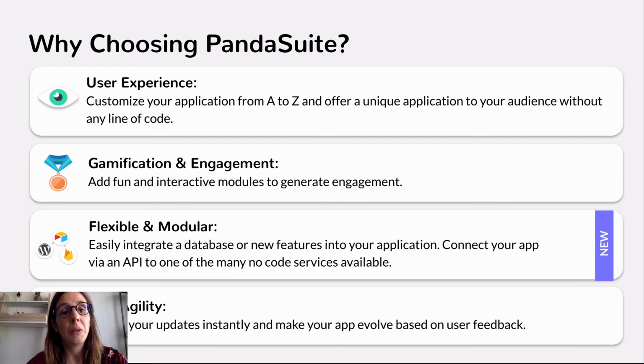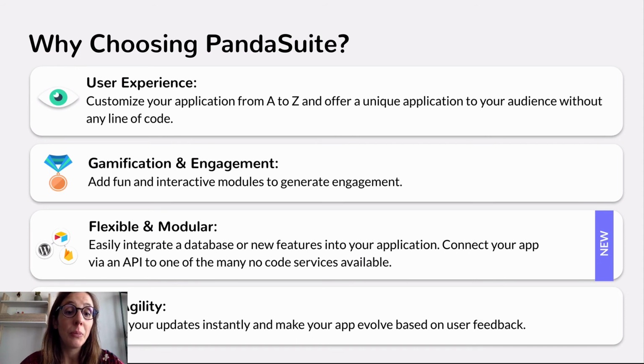The third reason is flexibility and modularity. Now you can easily integrate a database into your app and connect to external services. This is a great way to combine the best of both worlds: the flexibility and creative freedom of PandaSuite with other features from the no-code world.